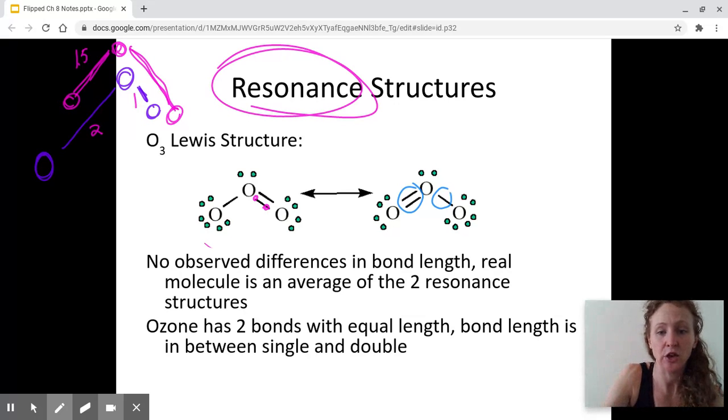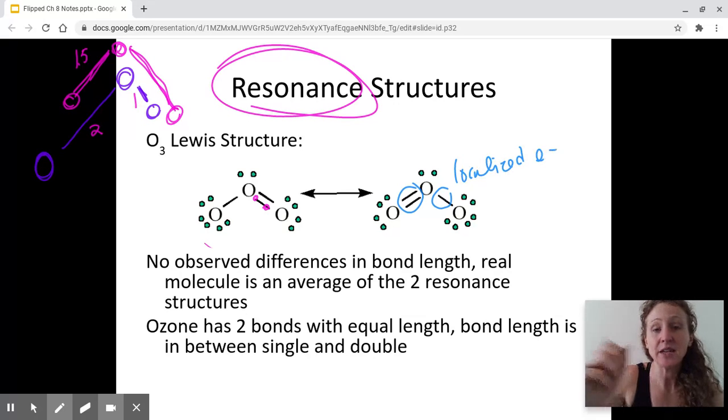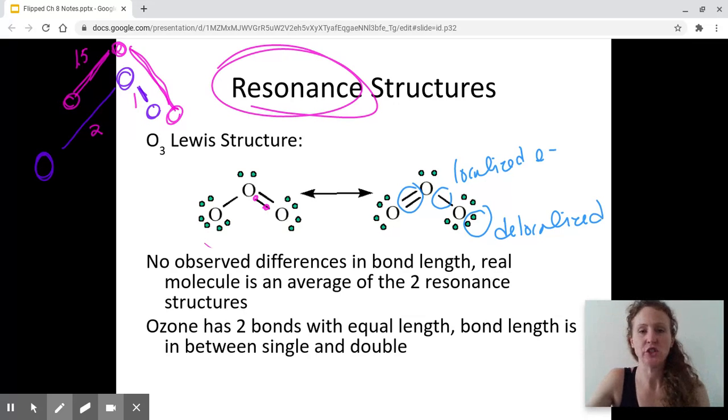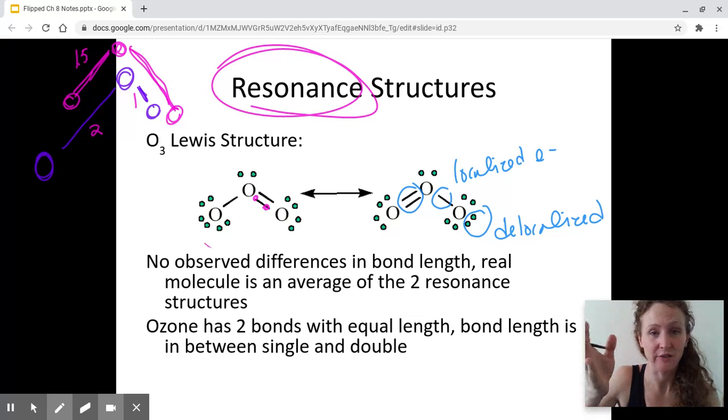We call that a localized electron. And then we also have delocalized electrons, which are on the atom itself, but they can kind of move and adjust, right? They're not stuck on one aspect of the molecule. They are delocalized, okay?